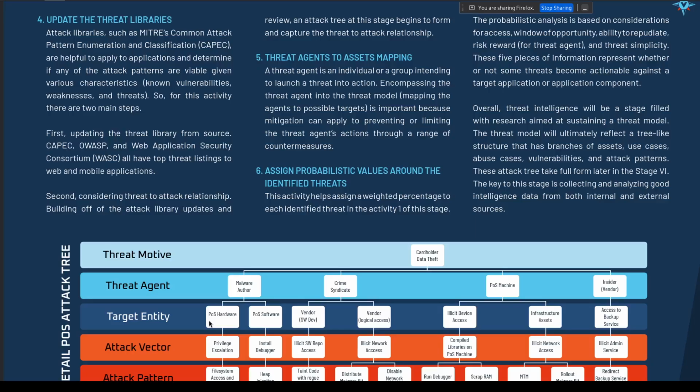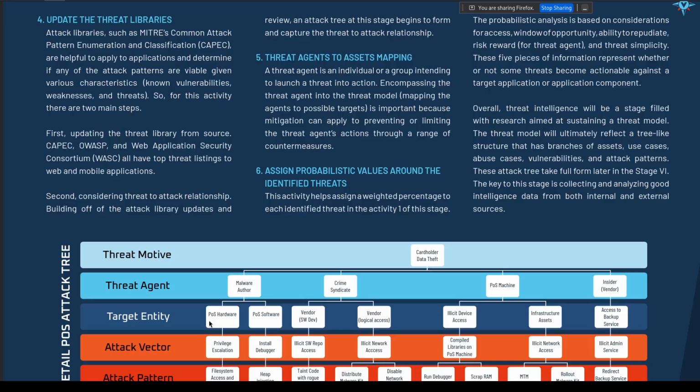So we might be working on a web application, and then we cannot identify mobile application security risks on a web application, right? You need to choose a specific threat library that corresponds to web application, that corresponds to mobile application, and then that corresponds to thick client, etc.